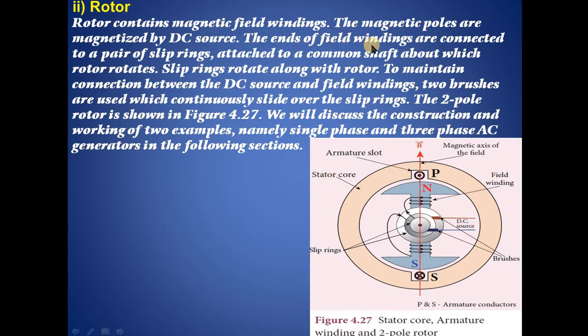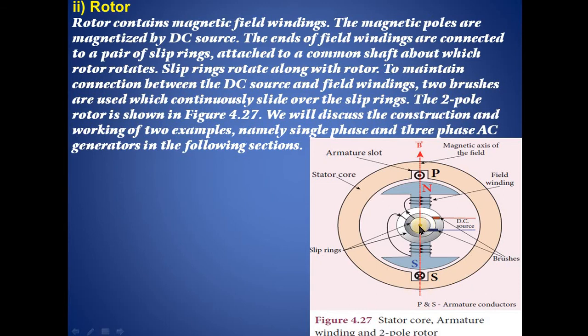The ends of field windings are connected to a pair of slip rings attached to a common shaft. This is the common shaft on which the rotor rotates. Slip rings rotate along with the rotor.